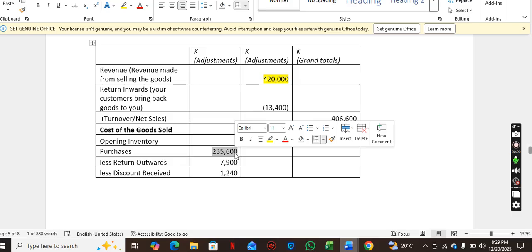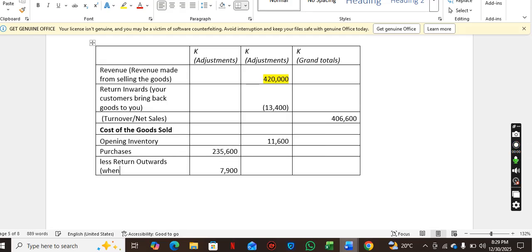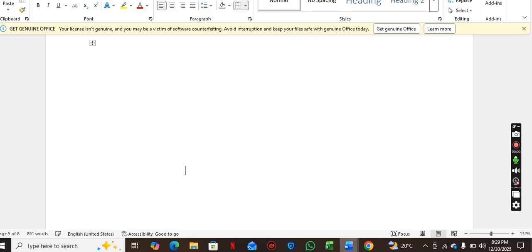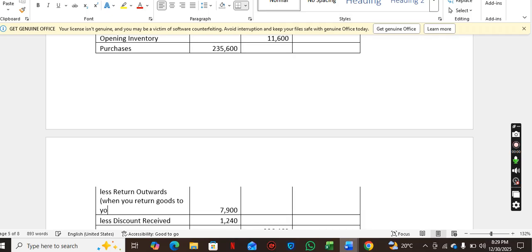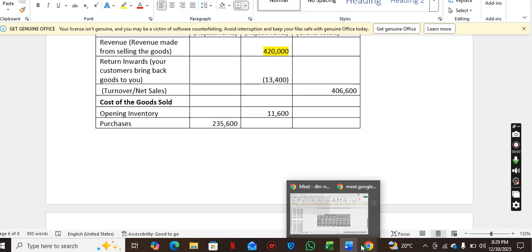Some of these goods were returned to the supplier, returned outwards. So whenever you return goods to your supplier, what happens to your purchases cost?